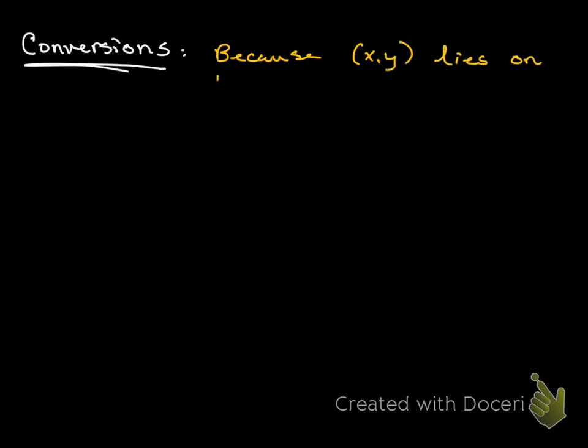So we need to be able to convert from one system to the other, right? I want to be able to go from rectangular coordinates back to polar, or polar back to rectangular. Whatever direction it is, I need to have a way to do that, okay? Because the points (x, y) lie on a circle with radius r, we're going to be able to extract what x and y are in terms of r and theta.